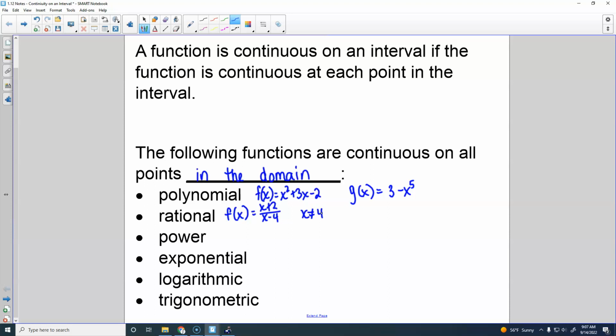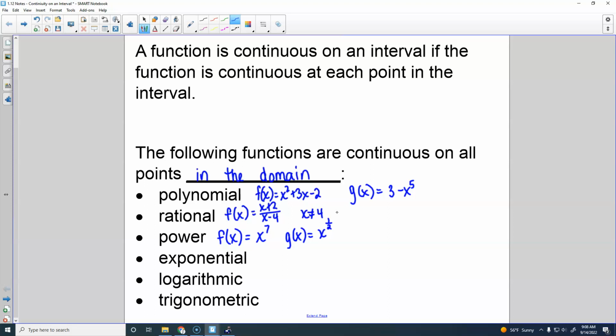Power functions are going to be similar to polynomial, but a little bit different in that it's usually just a single variable, and it could be raised to really any power. It could be something like x to the 7th, or it could be something like x to the 1/2, which is a square root, but that's a type of power function.